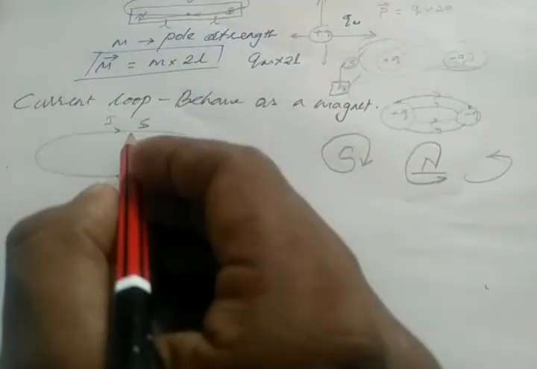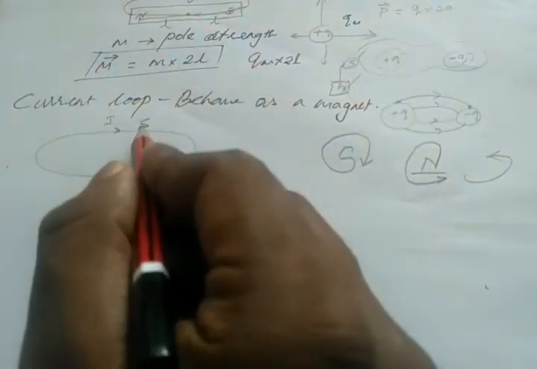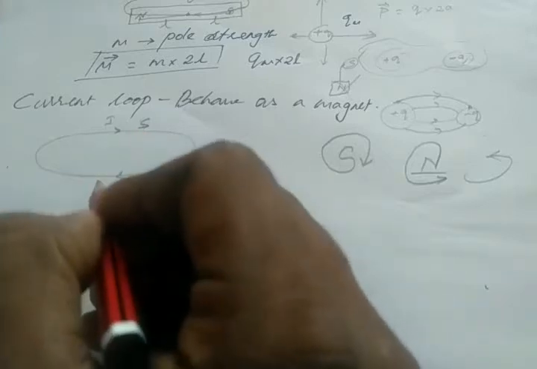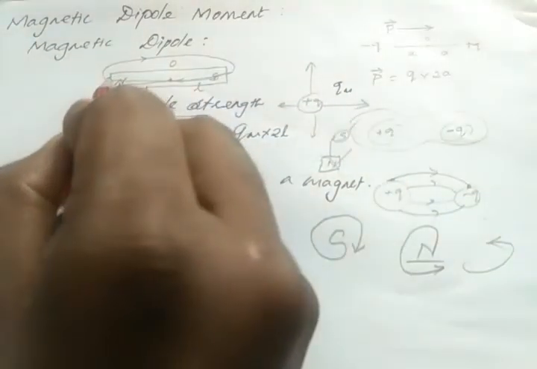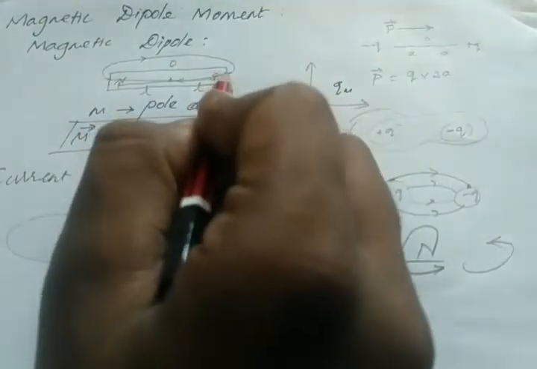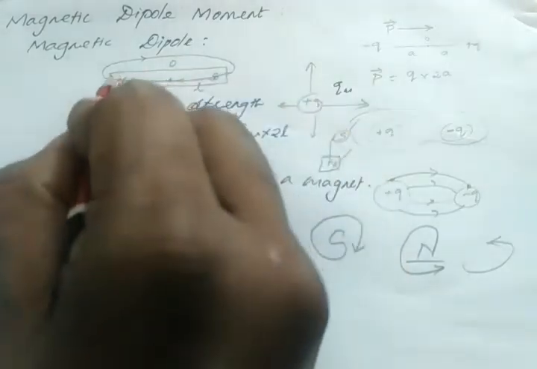Clear? So the magnetic field lines flow from north to south outside, but from south to north inside the magnet. Outside it starts from north and ends at south; inside it starts from south and ends at north.